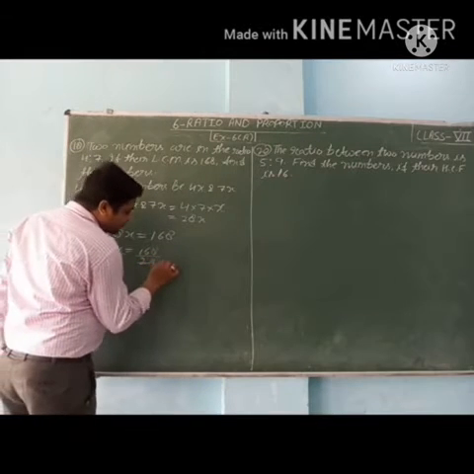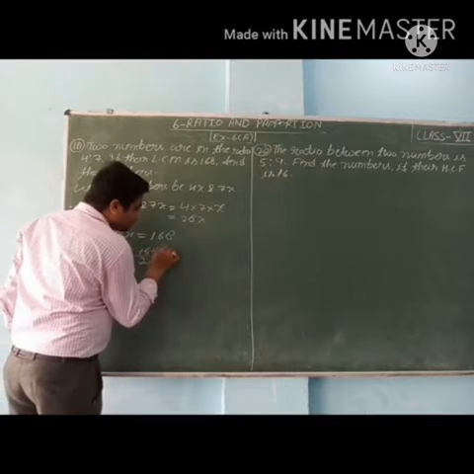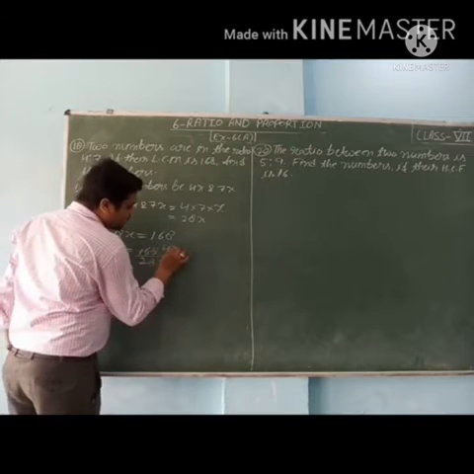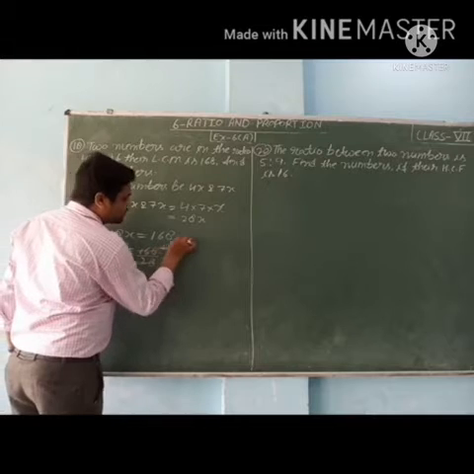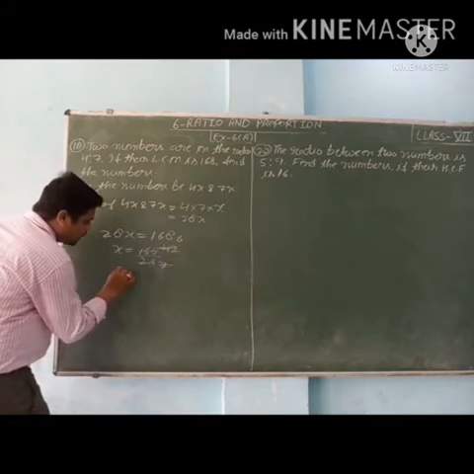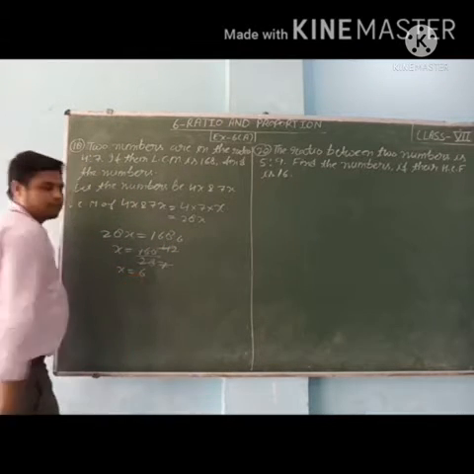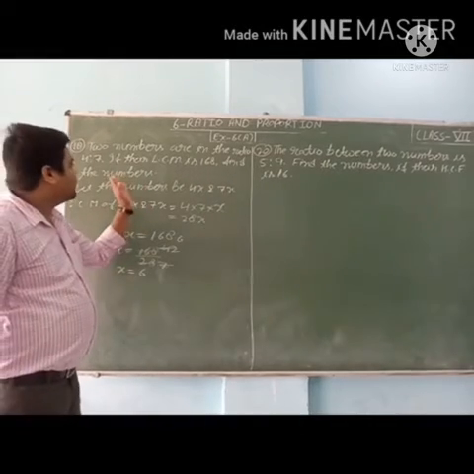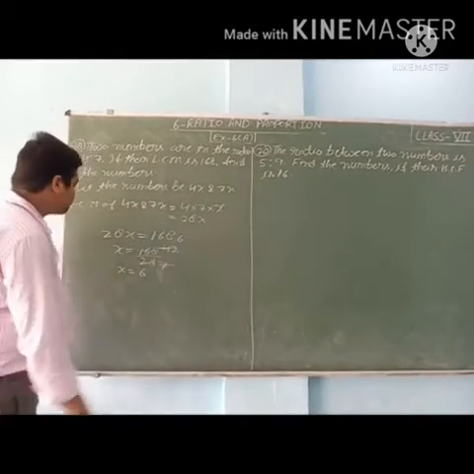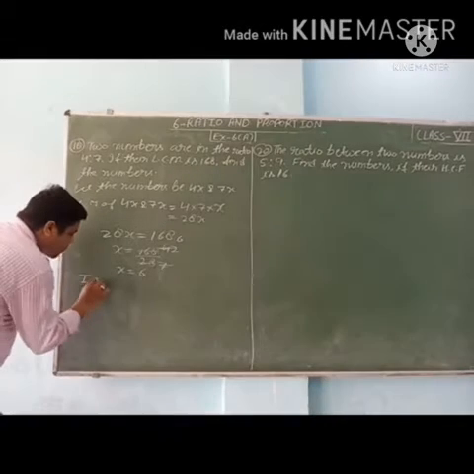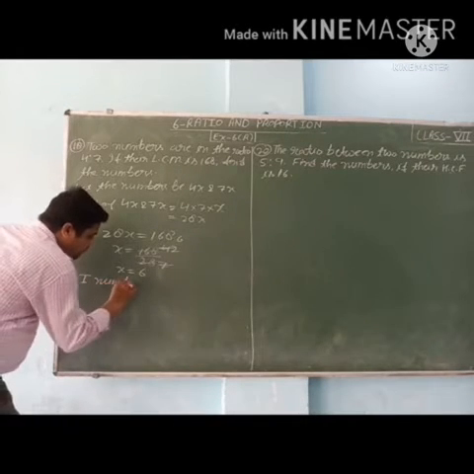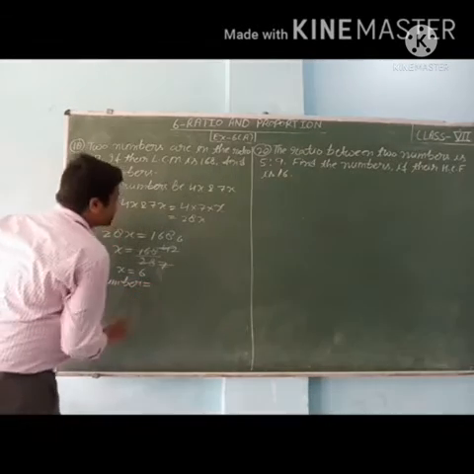So 4 7 the 28, 4 4 the 16, 4 2 the 8, 7 6 the 42. So the value of x is coming 6. We have to find the numbers. So first number is equal to 4x.